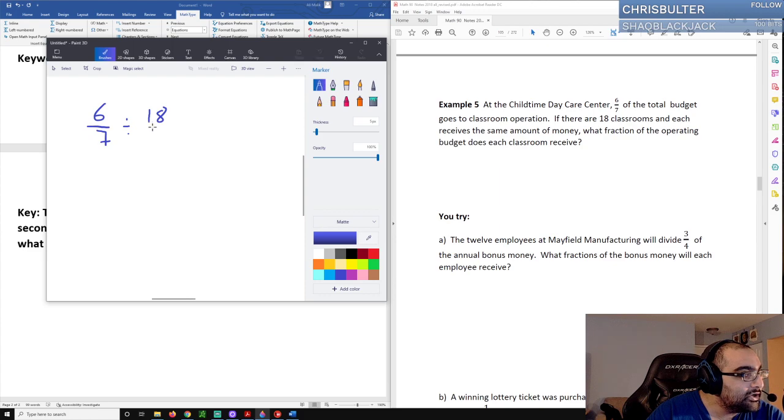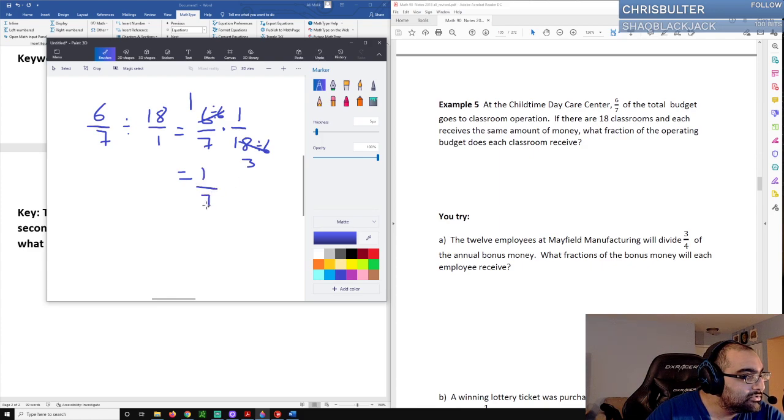Okay, so we're going to actually divide this by 1. So we get 6/7 times 1 over 18. We're going to divide by 6. So we get 1, we get 3.